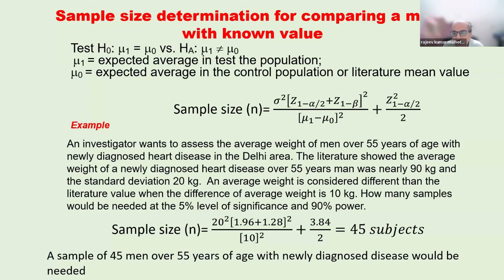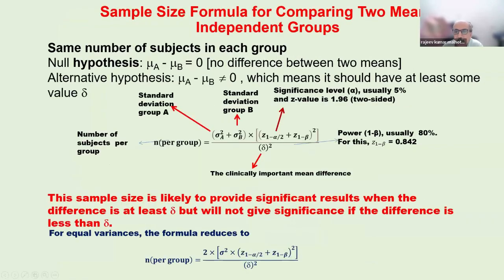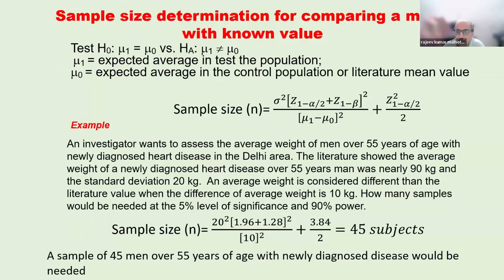The average weight is considered different from the literature value when the difference is 10 kg. I say if it is lesser than 10 kg or more than 10 kg, then I consider it significant. So my clinically important difference here is 10 kg. How many samples would be needed for a 5% level of significance with 80% power?